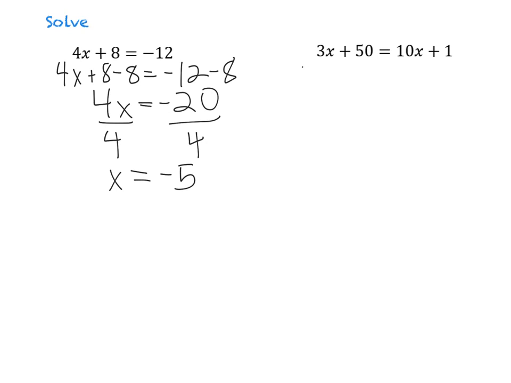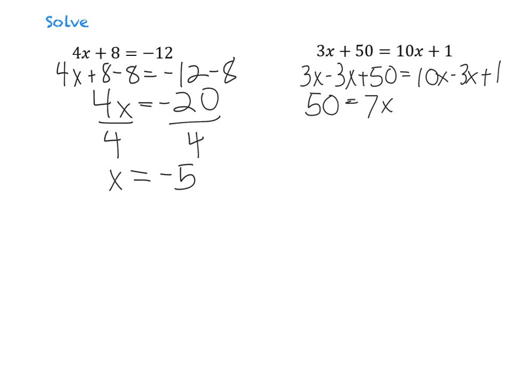So how will that look if I do 3x minus 3x plus 50 equals 10x minus 3x plus 1. 3x minus 3x equals 0, so on the left-hand side, I'm left with the number 50. 10x minus 3x is going to give me 7x, and I still have my plus 1 there, so I have 7x plus 1. This equation now looks like something you're more familiar with and should be easier to solve.